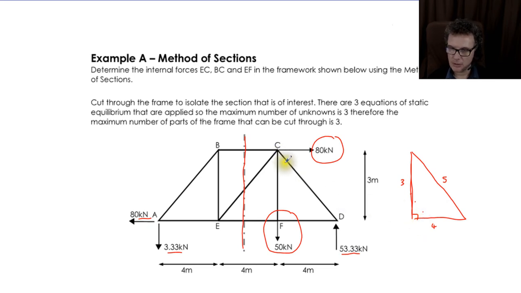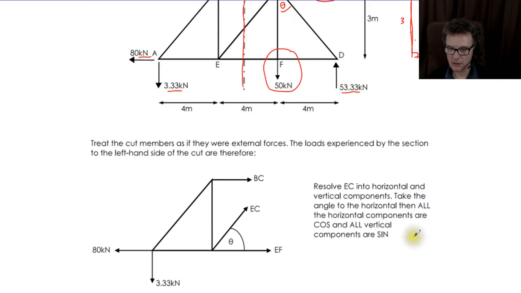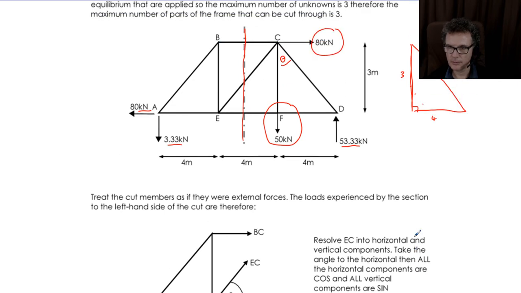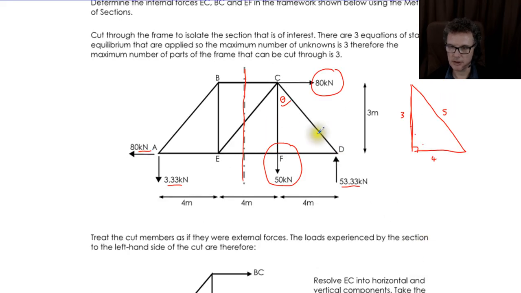So this angle here, for example, if I called that theta, it's probably the wrong thing to do. Yeah, that is the wrong thing to do. So let's call it something else. Let's call it phi, and call this theta.